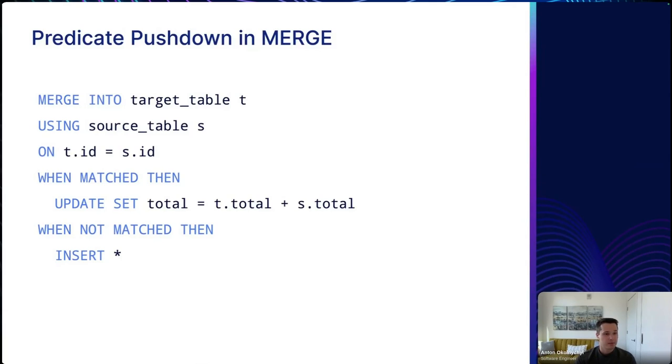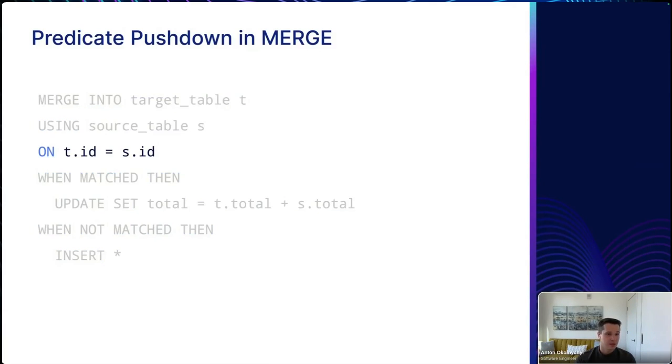So our merge statement on this slide looks for matches on ID. And Spark allows users to provide a predicate on the target table as part of the on condition. In this example, our table is bucketed by ID, and we know that our changes belong to buckets 1 and 2.